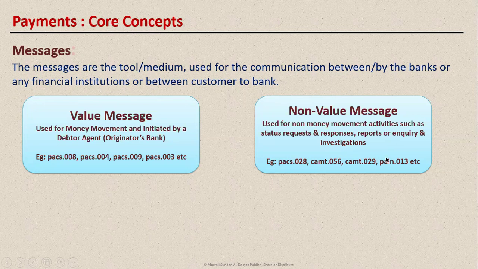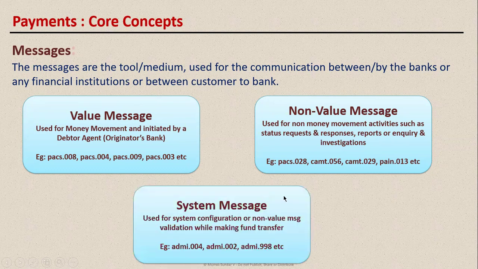They do not move any money or involve any fund movement. Rather, they are used for investigation purposes over a previously sent value message. A non-value message needs a value message to refer to; without it, it cannot act independently.